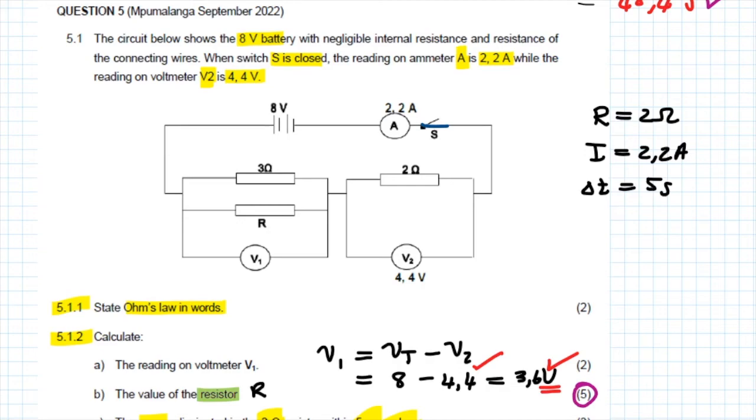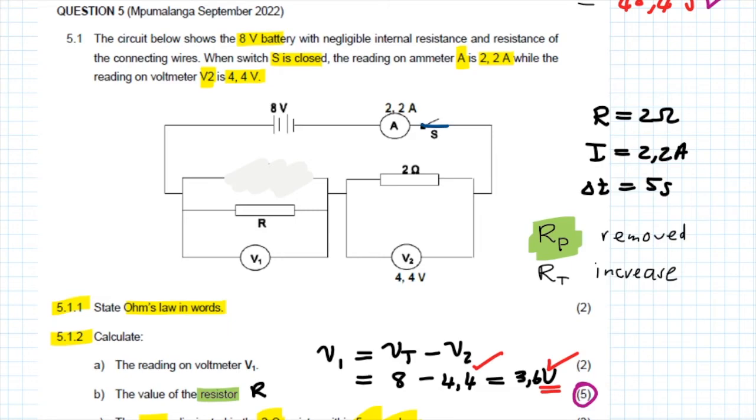When we remove this resistor, what is going to happen is we are removing a resistor from the parallel circuit. What then happens if you remove a resistor that was connected in parallel? If you do that, then the total resistance is going to increase. When you add a resistor in parallel, the resistance decreases. When you remove a resistor in parallel, the resistance increases. It's a weird phenomenon, but it's true.